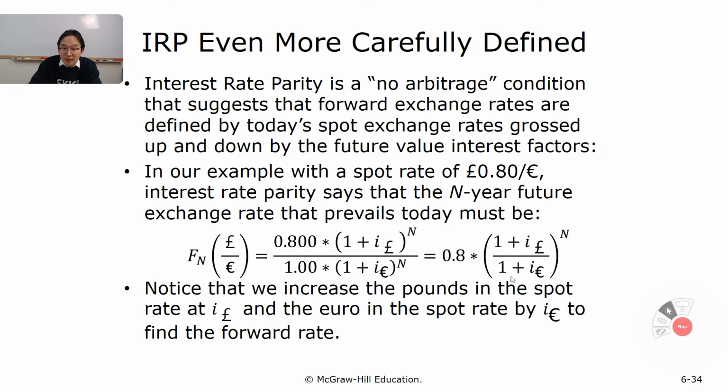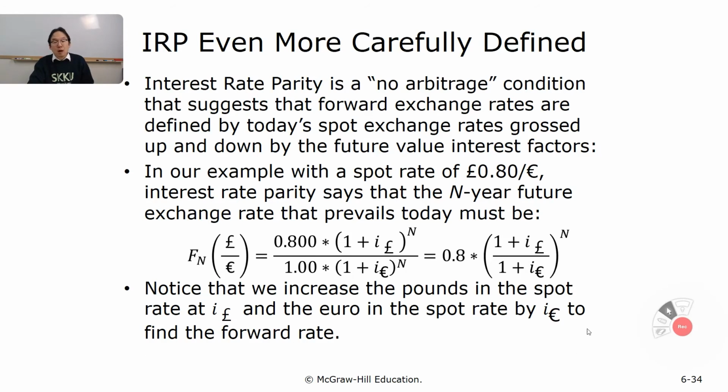But you can see that it's like this, right? To the power of big N. Notice that we increased the pounds in the spot rate at the pound rate and the euro in the spot rate by the euro interest rate to find the forward rate.